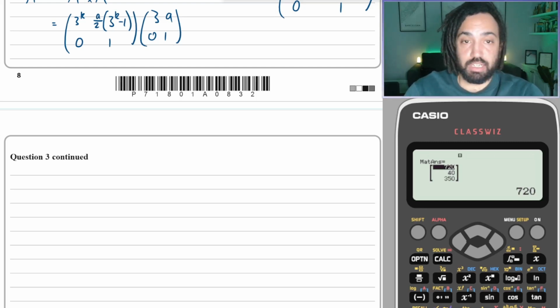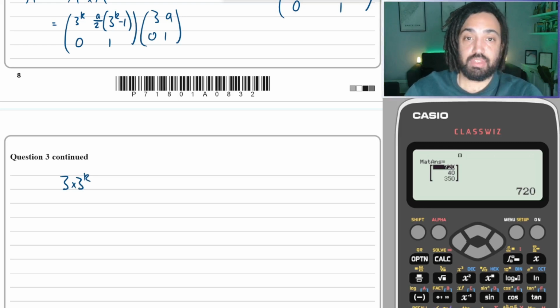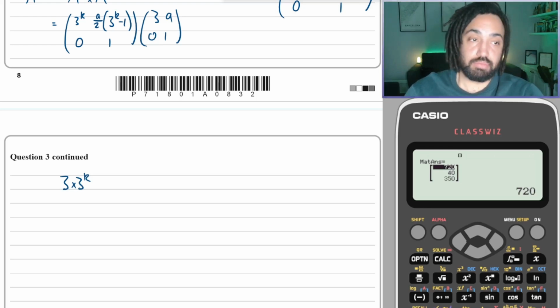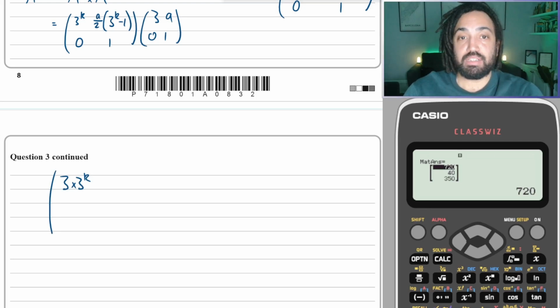So let's multiply across. We're going to do 3^k times 3 first, so I'll write that as 3 times 3^k. And then we're going to do this a/2(3^k - 1) times 0, which is just going to give us nothing. So that's the first element done. The second element, the top right one, is the top row times the right column.